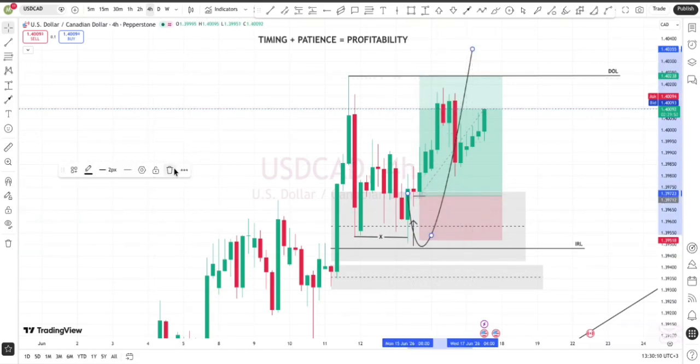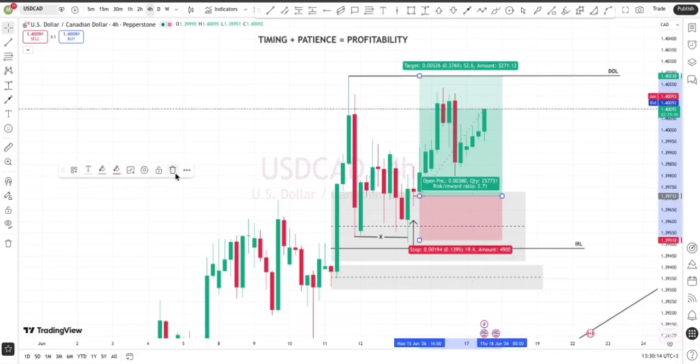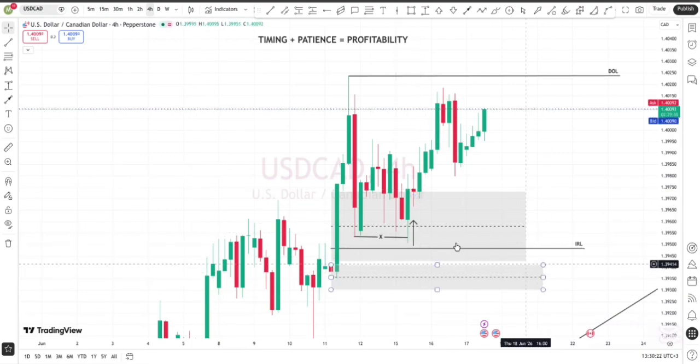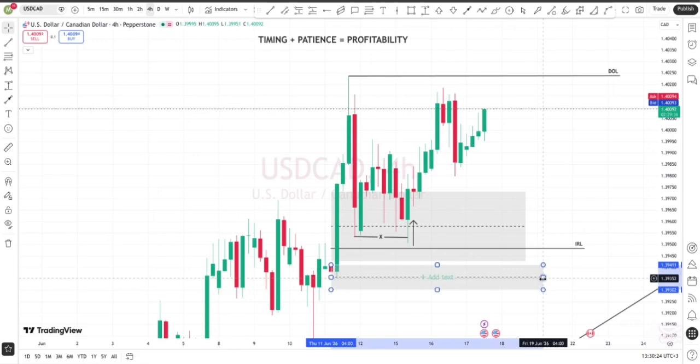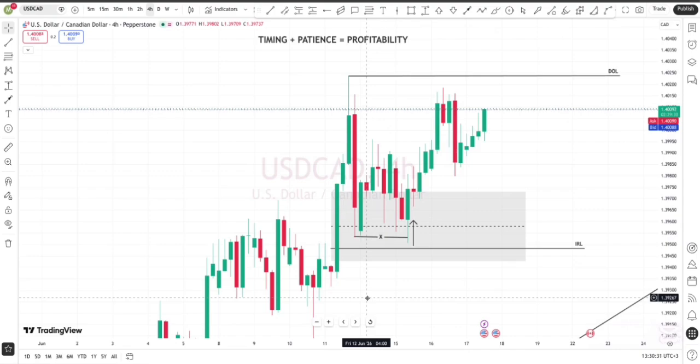Nice one. So when they get liquidated before the real move starts pushing out, let me delete those ones. Seeing this happen, I now knew that the market is not interested in coming back to this order block anymore. And when the market is not interested in coming back to that order block anymore, that is one of the best things I can see.